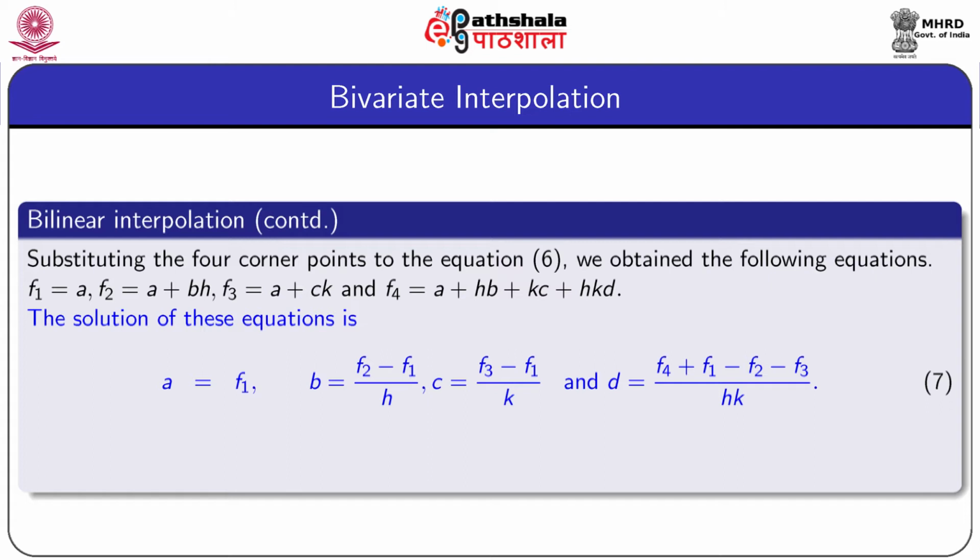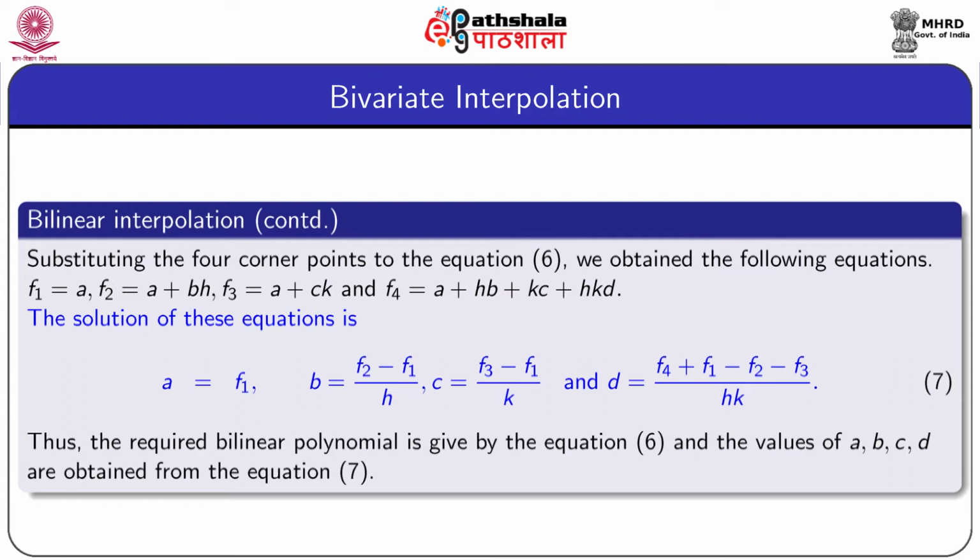Now, we have to find the values of a, b, c, d from these 4 equations, and the solution is a equal to f1, b equal to (f2 minus f1) by h, c equal to (f3 minus f1) by k and d equal to (f4 plus f1 minus f2 minus f3) whole divided by hk. Thus, the required bilinear polynomial is given by equation 6 and the values of the unknowns a, b, c and d are given by equation 7.